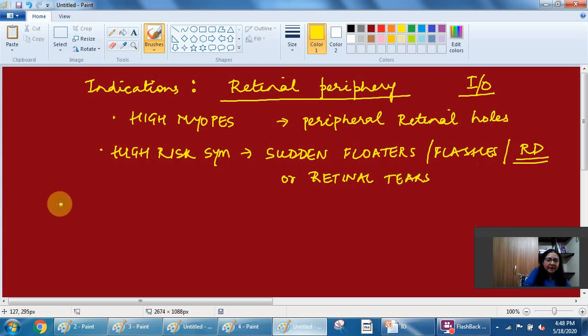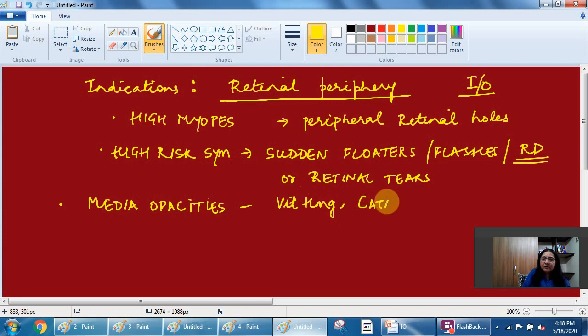Then, because of the bright illumination, in cases with media opacities, like when there is mild cataract or vitreous hemorrhage, or there is cataract and you are not able to see the retina otherwise, indirect ophthalmoscopy helps us to see the fundus in these cases.